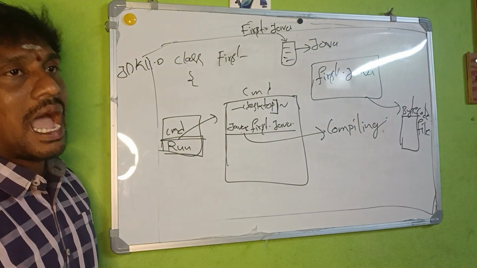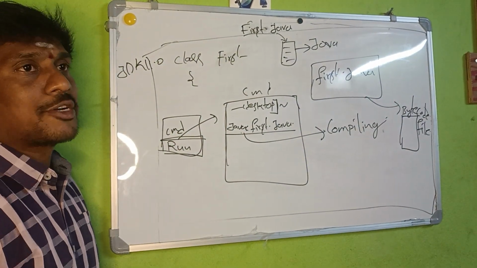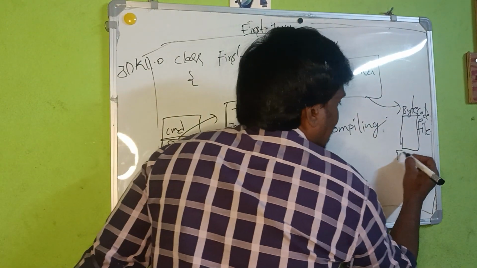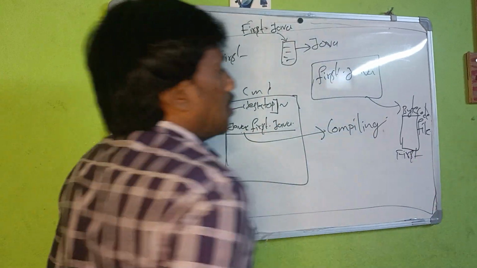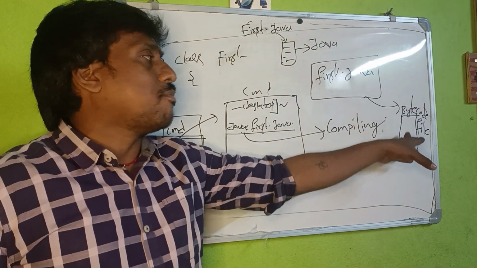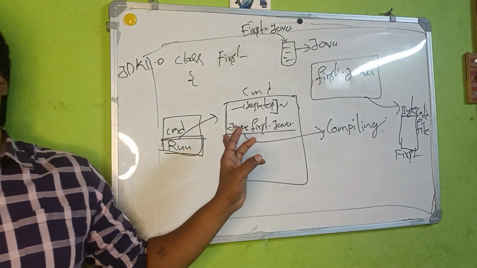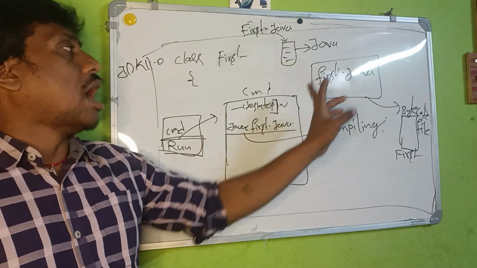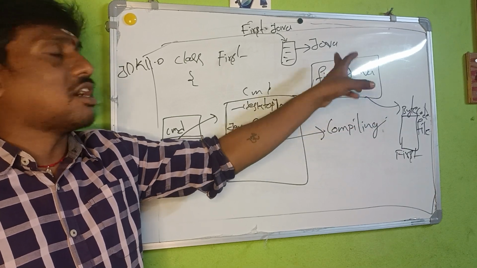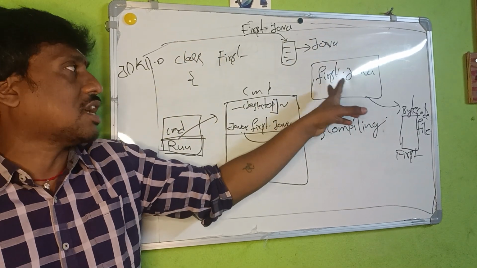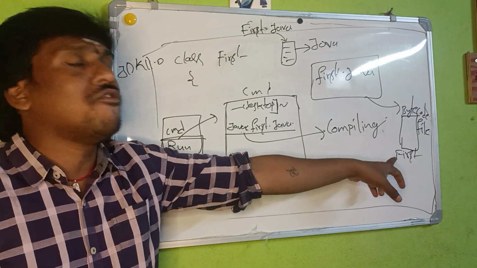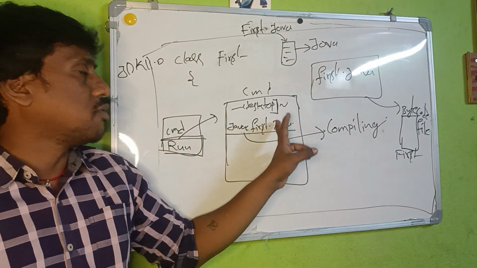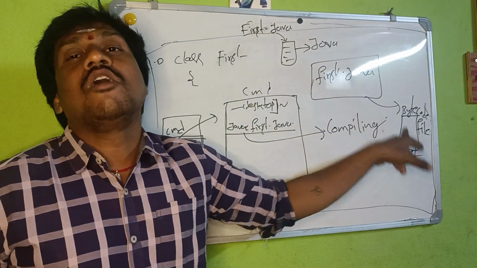I will show that bytecode file. Whenever your compilation is successful, automatically in the same location where first.java was saved you will have one file, auto generated once your compilation is successful, with the same name as our file.